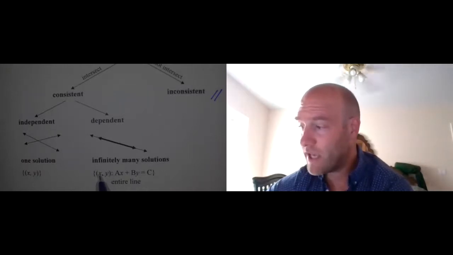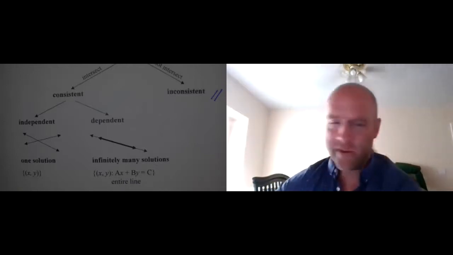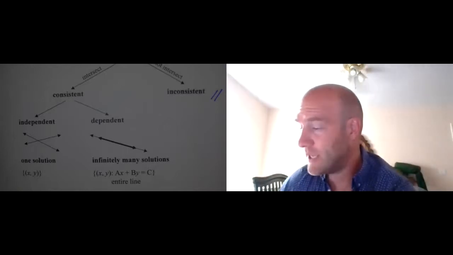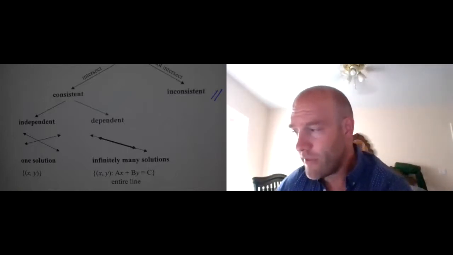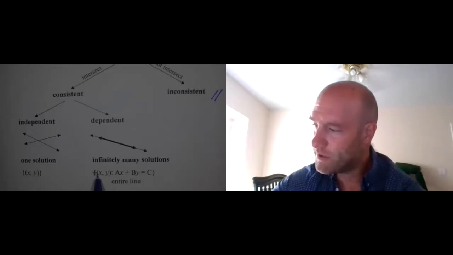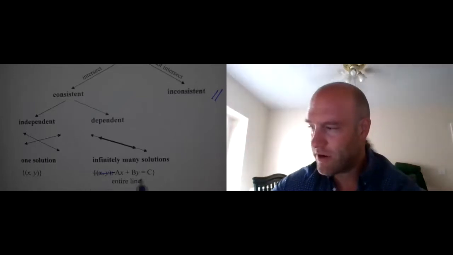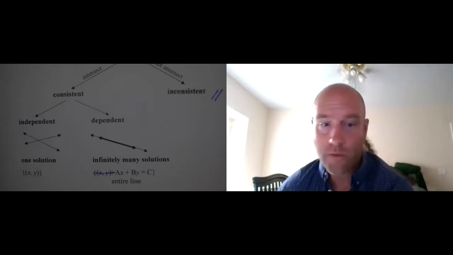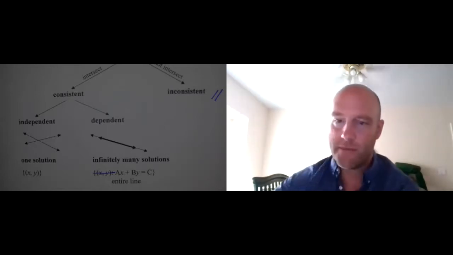This reads x and y such that ax plus by equals c, where they fill in like 3 and 2 and 12 for a, b, and c. And that's a perfectly good way of writing it. I would just presumably leave out the formal set bit of it and just say that here's my solution. Okay. 2x plus 3y equals 12, or whatever the equation happens to be.